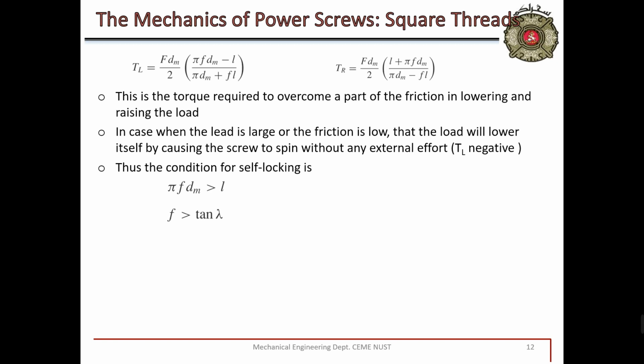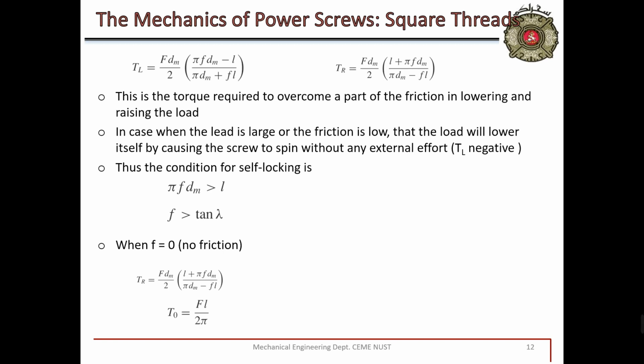So that was the condition for self-locking: the friction coefficient has to be greater than tan gamma. And what is gamma? Gamma is the slope. So if you are increasing the slope of the thread, then friction has to be more for self-locking. If there is no friction, then we can calculate the minimum torque required to raise the load, because a power screw is designed to raise the load.